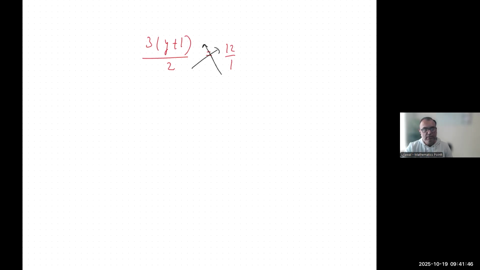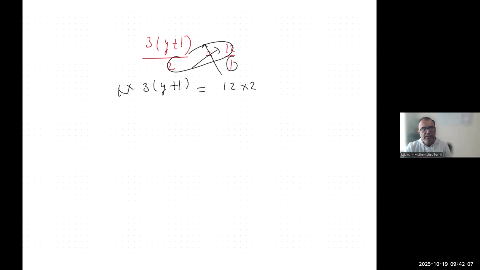So 3y plus 1 is being multiplied by 1. All of that is being multiplied by 1 equals 12 times 2. I'm just cross multiplying. That's about it.